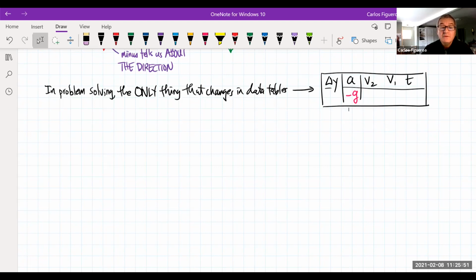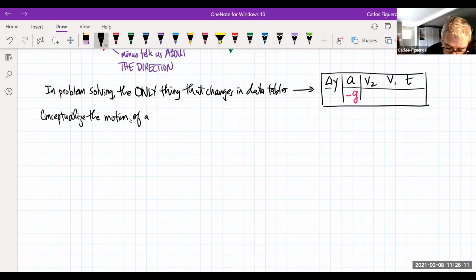So what we want to do is conceptualize the motion more, of a thrown ball. So here we go.